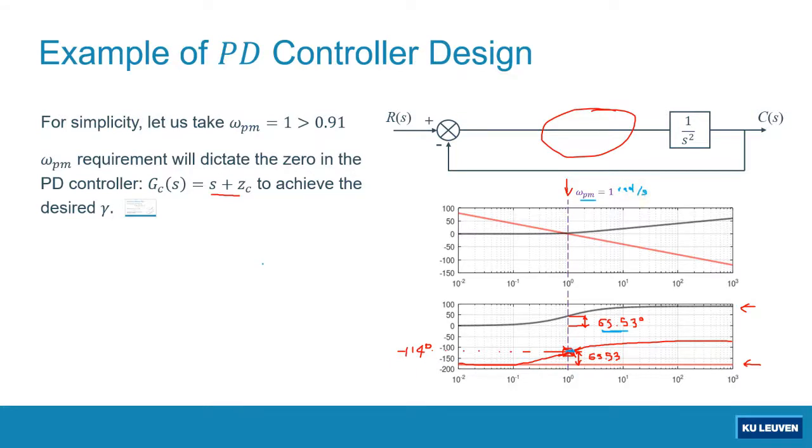As we know that the PD controller structure looks like this, GC is equal to KC (S plus ZC), and you know how to calculate the phase, the angle of GC will be equal to inverse tangent of omega over ZC, right?